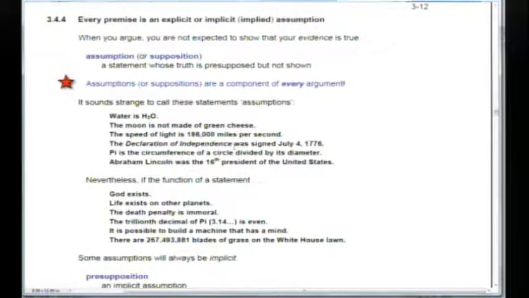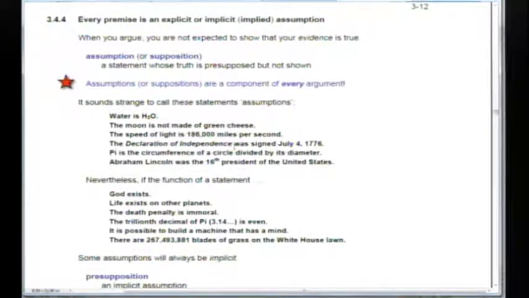In order to do that, you must assume that your evidence, your reasons, are true. Because you can't be expected to show that each one of your reasons is true without making each one of your reasons the conclusion of an argument. And then you're going to need each one of those reasons to be the conclusion of another argument and so on. And your argument would never end.